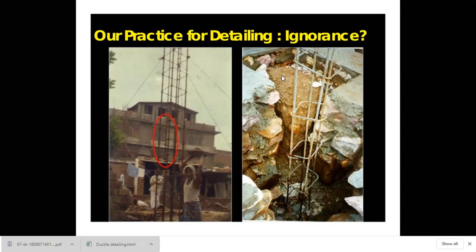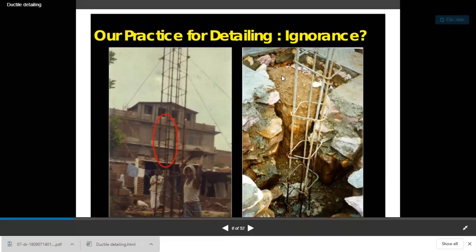So henceforth, after studying this ductile detailing of RCC members, we should make sure that such types of lapses are not there. If such lapses come into the structure, then automatically our structure will become weak. And if earthquake loads come onto the structure, then during the earthquake our building will become weak and some failure will occur.